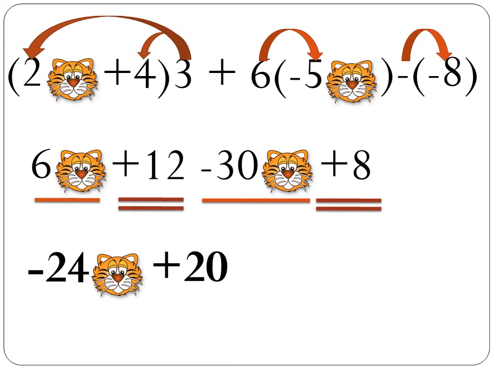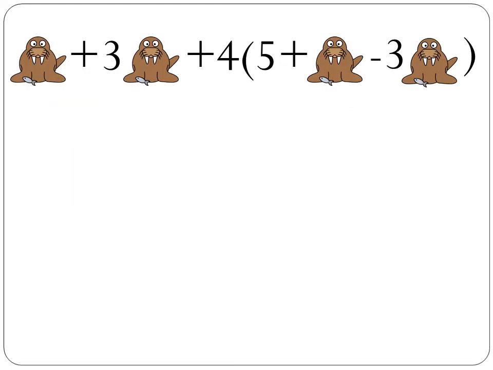Did you get negative 24 tigers plus 20? If not, check where you went wrong. Try this one. Press pause if you need to. Rewind back if you're still having problems.